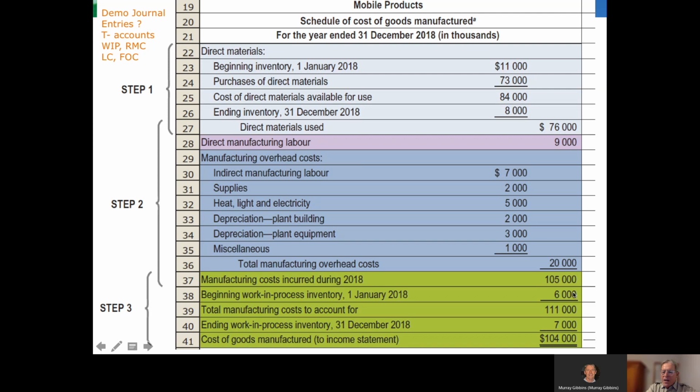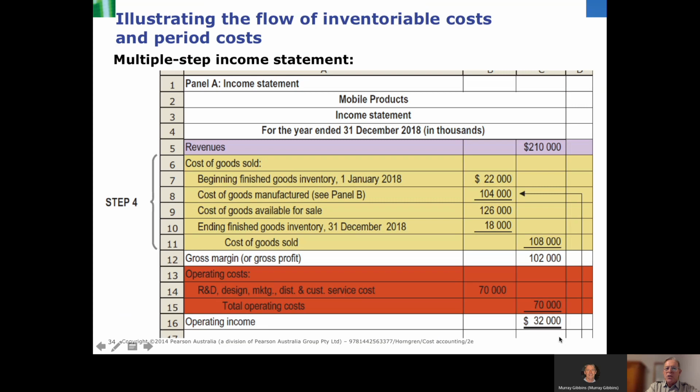Then add opening stock at the beginning of work in process minus any work in process still in the factory at the end of the year. And that's the value of goods transferred out, the cost of goods manufactured transferred out, 104,000. That gets transferred into our revenue statement.